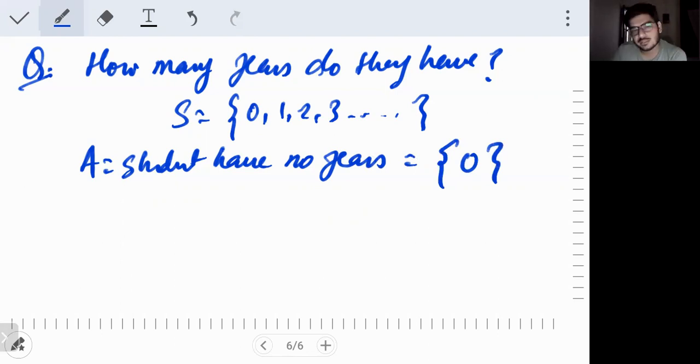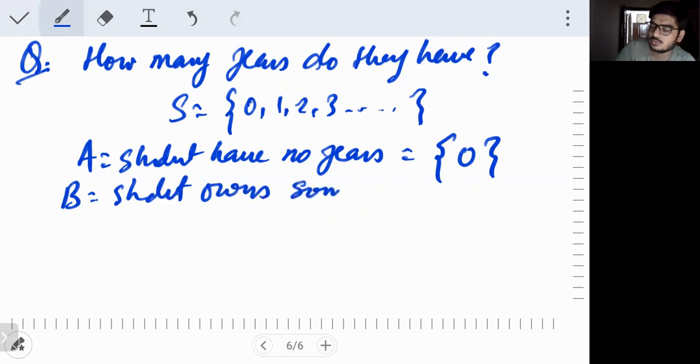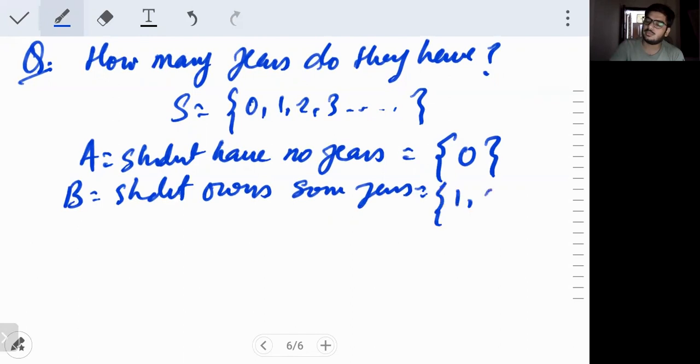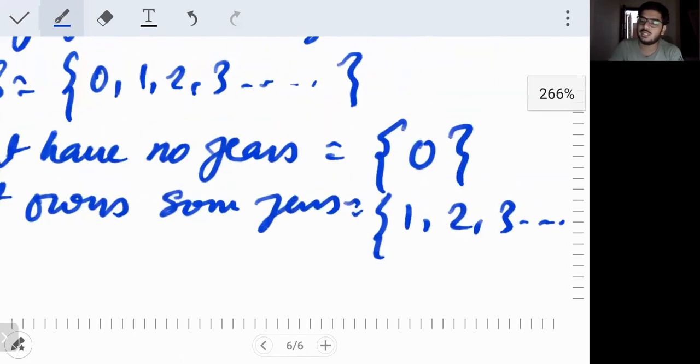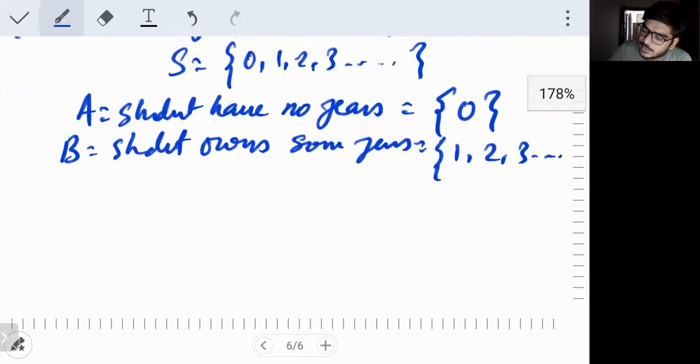B is the event that the randomly selected student owns some jeans, so the number will be 1, 2, 3, again it can be any number.